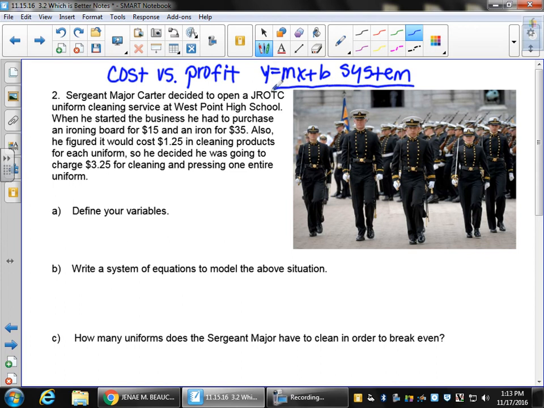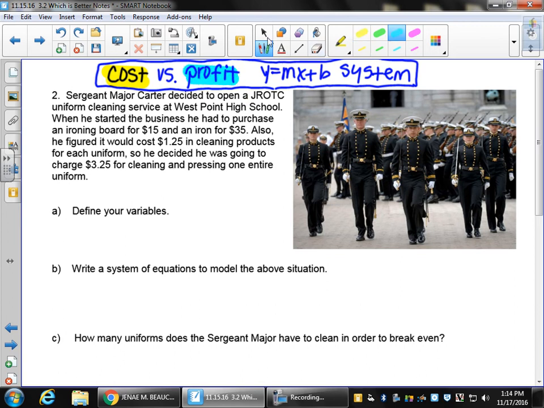The reason I know that is because we're talking about someone setting up a business where they know what their cost is to them to start the business and to run it, but then also what do they plan on selling for profit? What are they going to charge people? So with that in mind, we will have one color for cost and another color for profit.